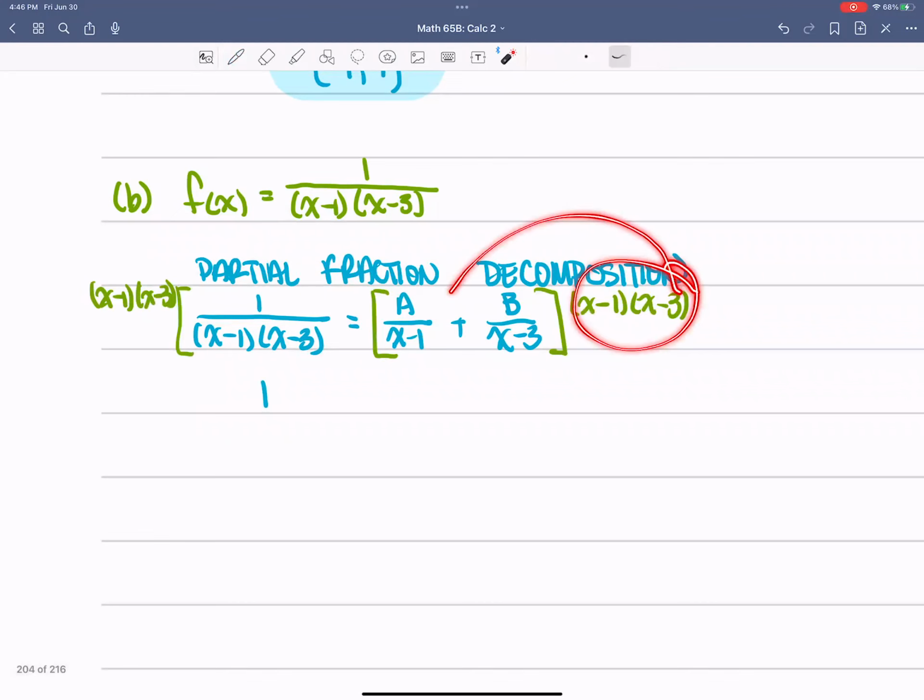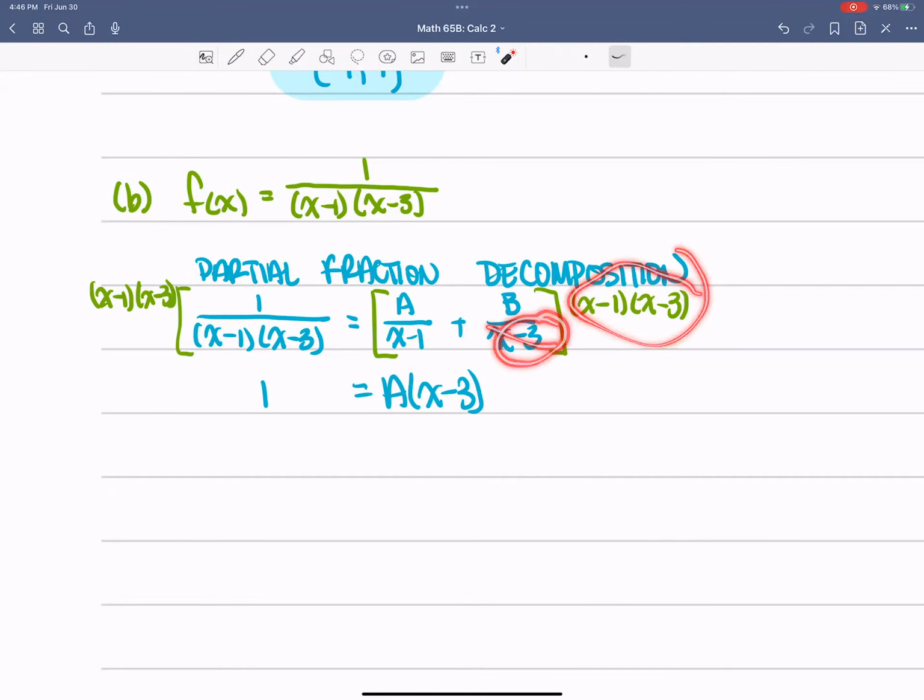When this whole thing multiplies to this, x minus 1 is divided out, and we're left with a times x minus 3. Similarly, the same thing happens over here. These two get divided out, so now it's x minus 1 times b. That's all we have left over there.